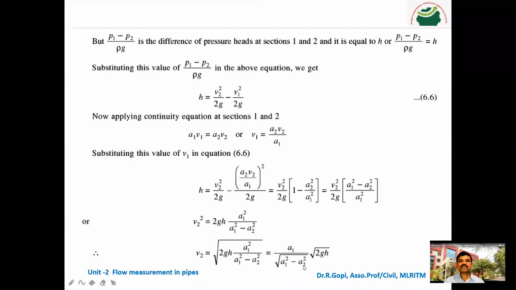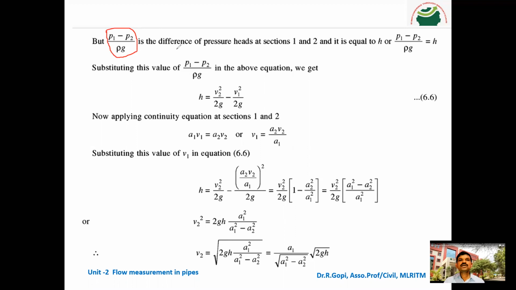So next, P1 minus P2 by rho g. This equation is the pressure difference. P1, P2, what is this? This is the pressure. P1 is the inlet pressure, P2 is the throat pressure.